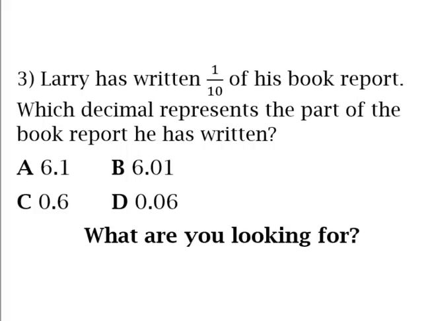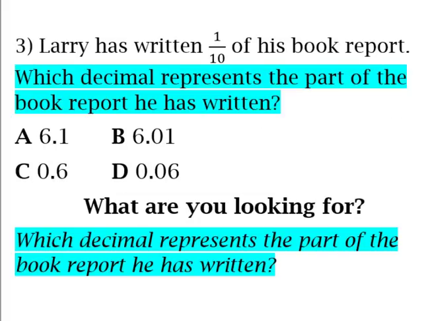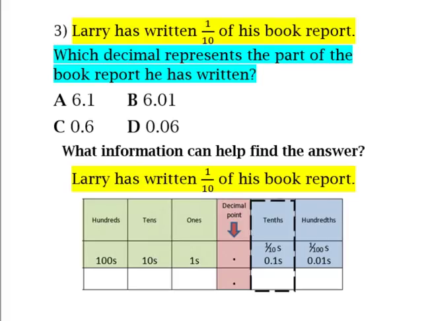What are we looking for? We are looking for which decimal represents the part of the book report that Larry has written. What information can help us find the answer?